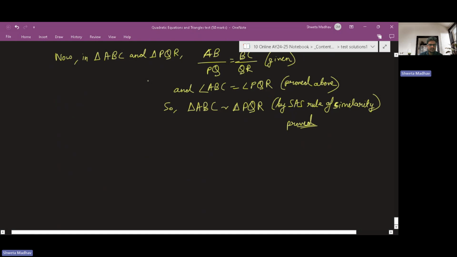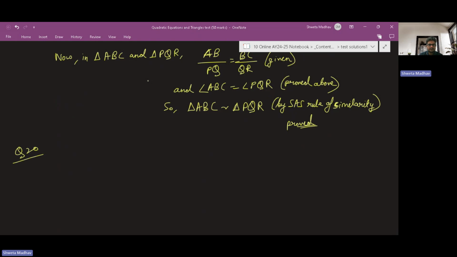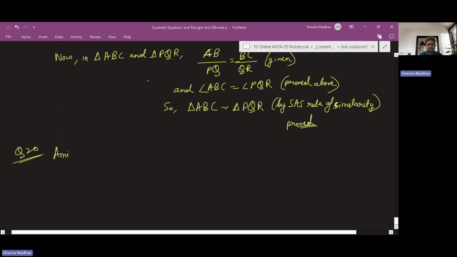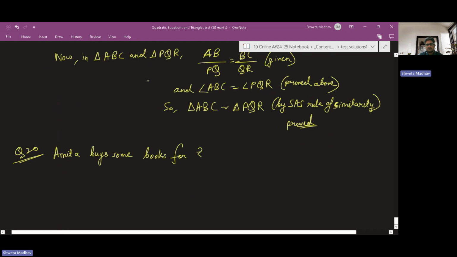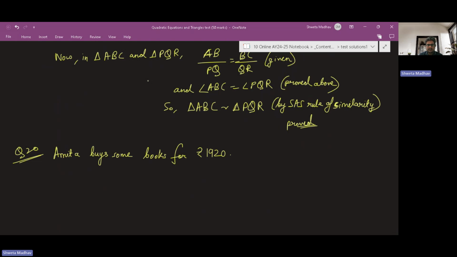Then in question number 20, it is told that Amita buys some books for rupees 1920.